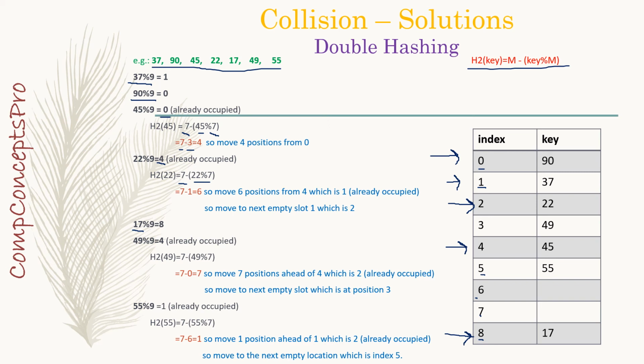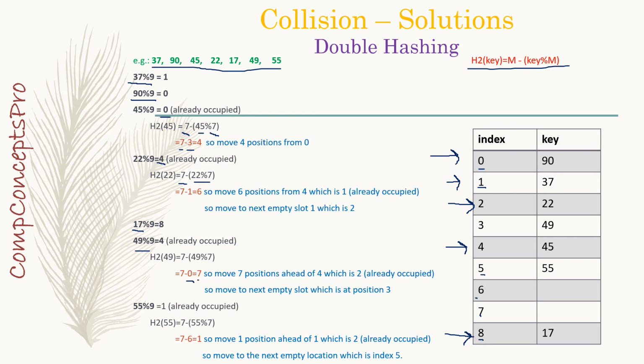Next key is 49. 49 mod 9 again gives 4. So we will use the double hashing conflict resolution formula. So inside the bracket key mod m, key is 49. So 49 mod 7 gives 0. So 7 minus 0 is 7.